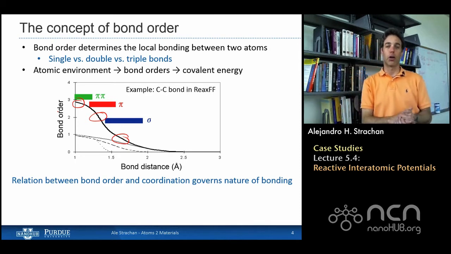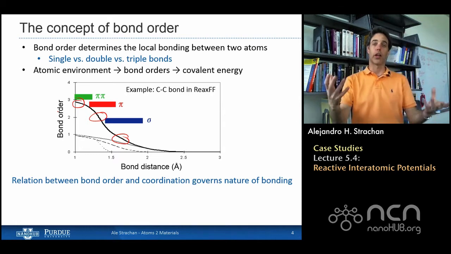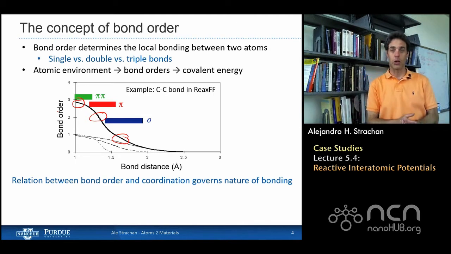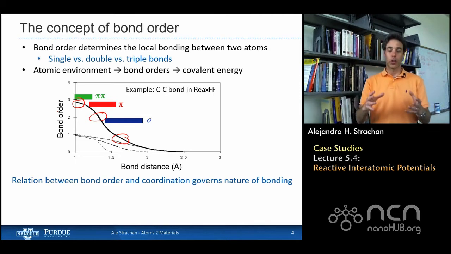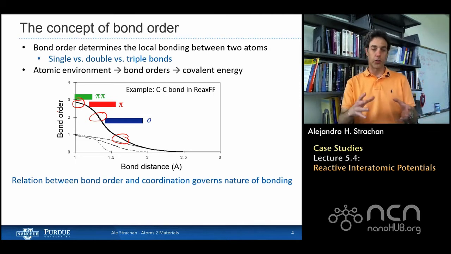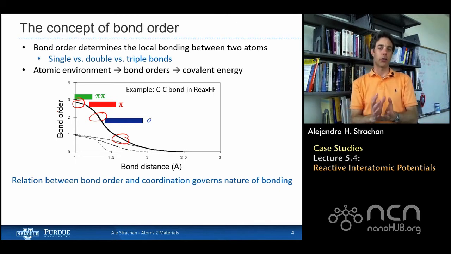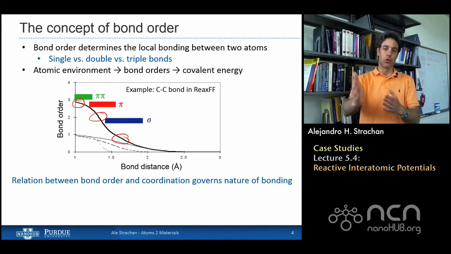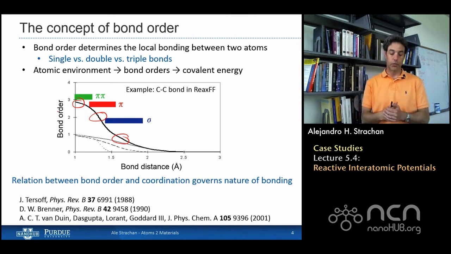If you try to make another bond with a hydrogen atom that's already bonded, the strength of the ability to make those two bonds is very minimal, and so you minimize the energy by creating a single bond. So how the bond order and the bond energies depend on the number of bonds that an atom can make can determine whether you have metallic or more covalent types of interactions.